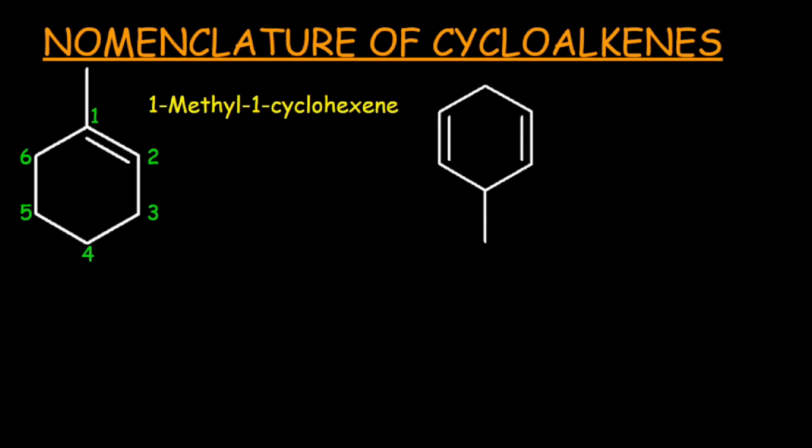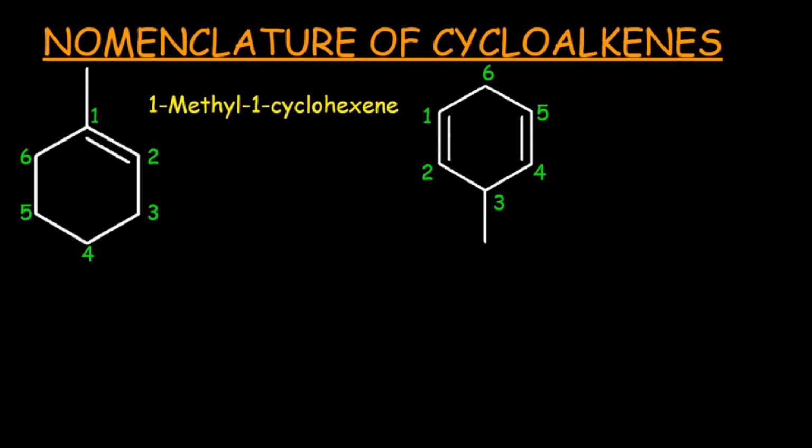In this case, two olefinic bonds are present and one substituent is present. Firstly, number the heading part 1, 2, 3, 4, 5, and 6. We prefer the numbering in an anti-clockwise manner rather than the clockwise manner. If you start the numbering in an anti-clockwise manner, the substituent finds the third position.